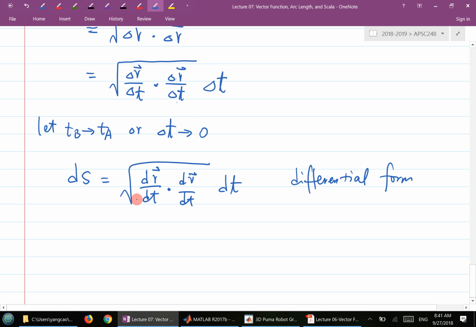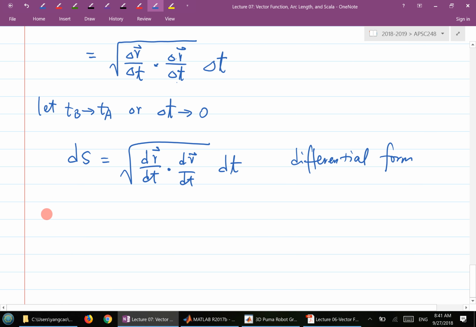Now back to the objective, which is to compute the arc length of the curve C. S here is the variable of arc length, right? In your first year calculus, if you remember, the integral of d of anything gives you back the anything inside the bracket. In this case, the integral of ds, the whole arc length from beginning to end, should give me back the total arc length.